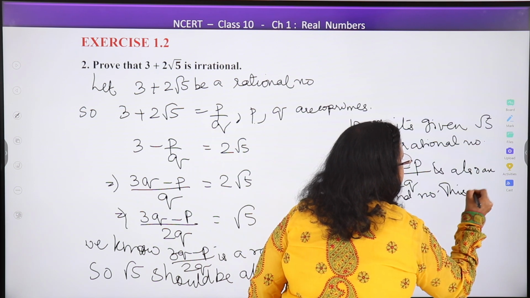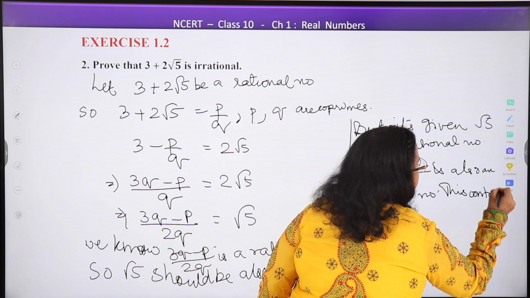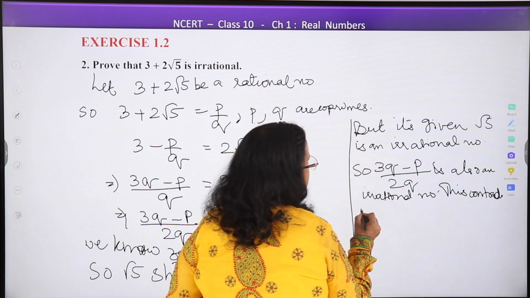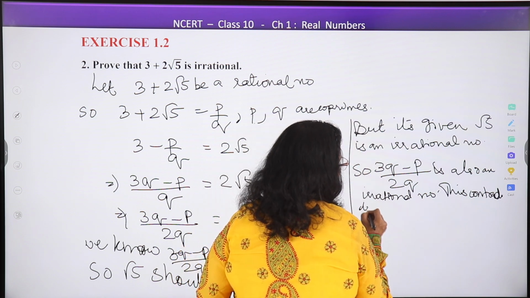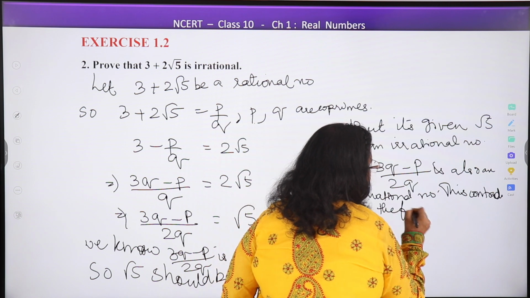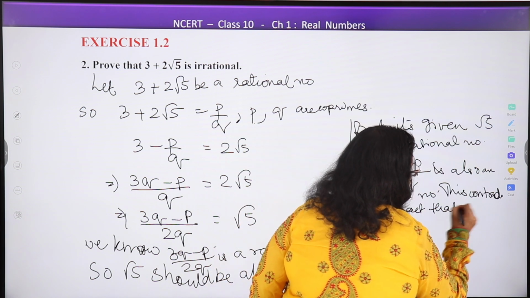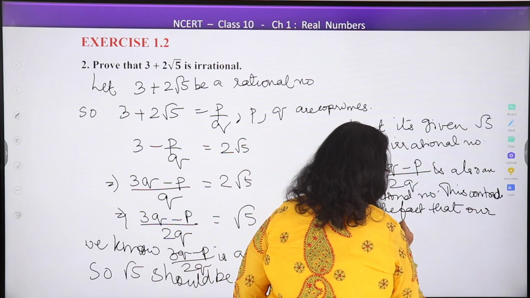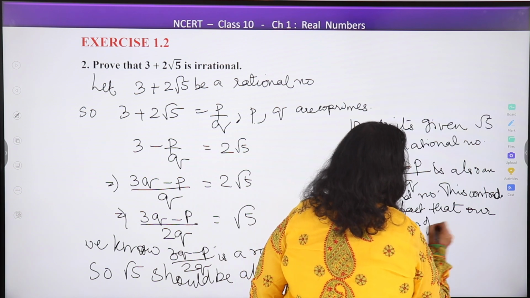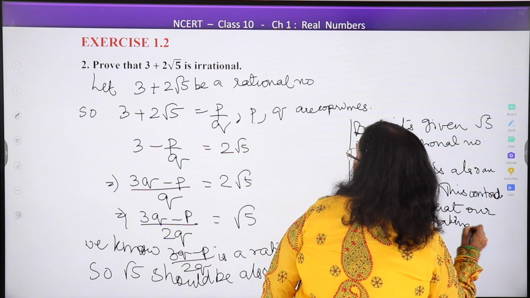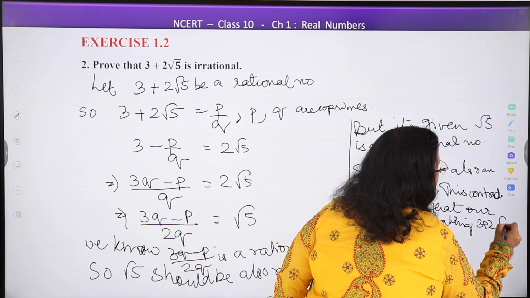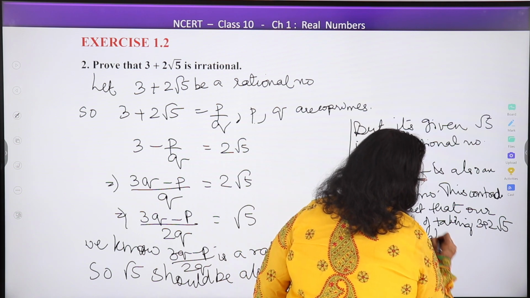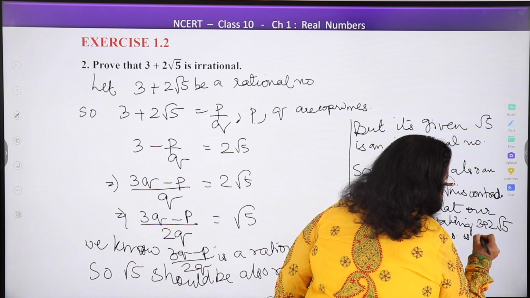This contradicts the fact that our assumption of taking 3 plus 2 root 5 as a rational number is wrong.